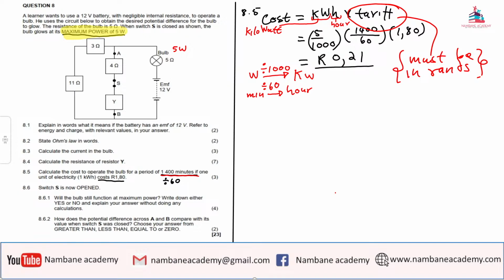If you were to use 5, 1400, you are not going to get that mark for the substitution, only because the formula says kW, which is kilowatt, and H, hour, not minutes. So it is important to be on the lookout for that, ladies and gentlemen. This is very, very important.